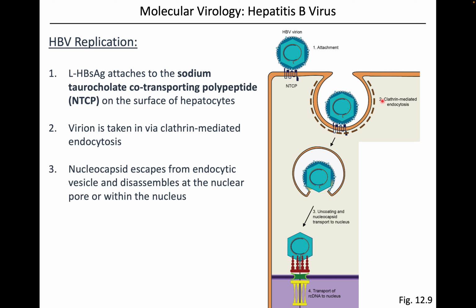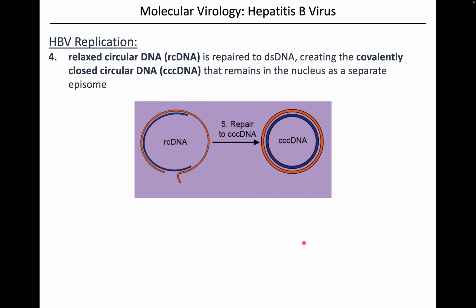As we said, that's going to trigger clathrin-mediated endocytosis, and there's going to be a fusion event here between the proteins on the surface of the viral envelope and the membrane of the endocytic vesicle. That's going to get the virion out, where it's going to be transported to the nuclear pore, and then the DNA will be injected into the nucleus.